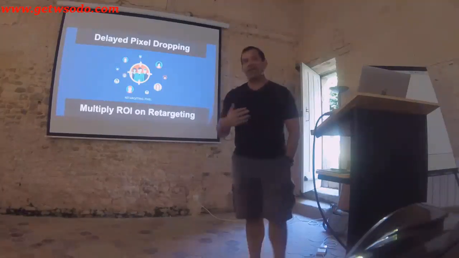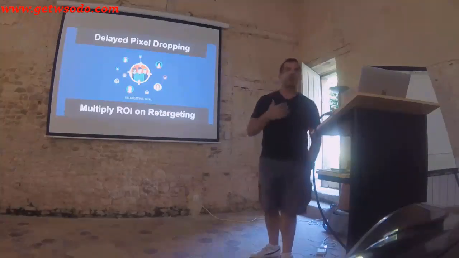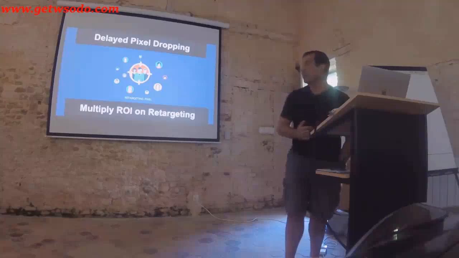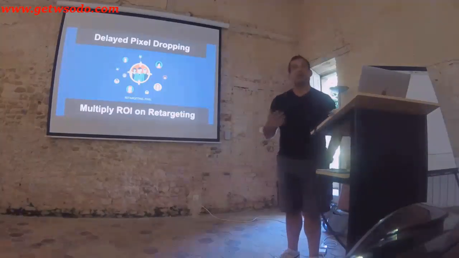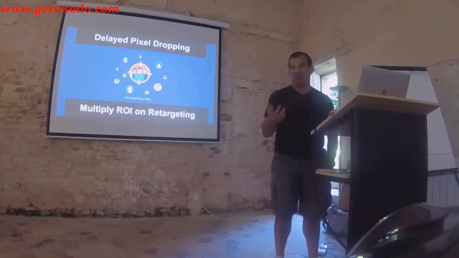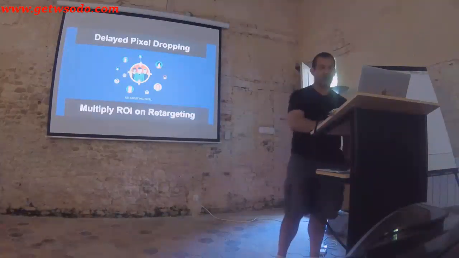Well, if you delay the drop of the pixel by 30 to 45 seconds, and it's a good idea to test with 45 seconds and then test away from there, maybe a little bit less, what you're doing is that you're then only retargeting people who are actually interested. They've spent some amount of time, half a minute or what have you, on your page.